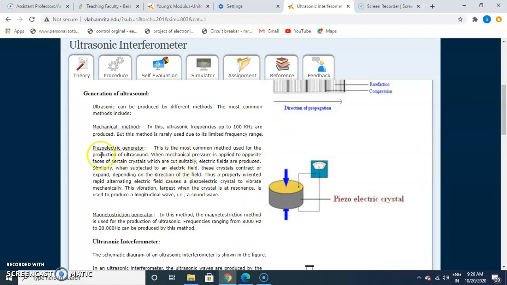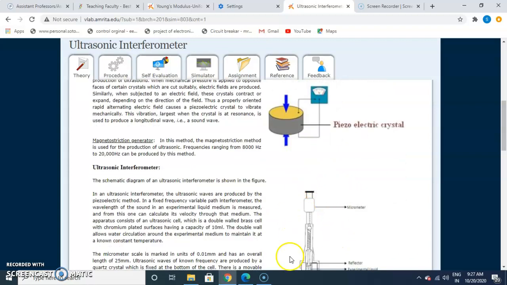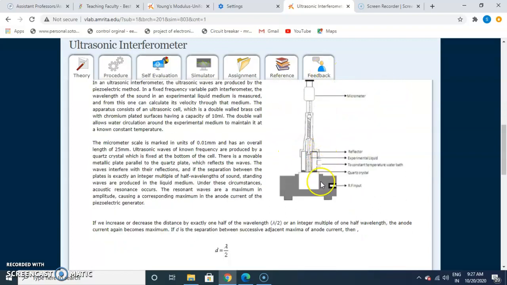This is the simple method we are going to employ in this ultrasonic interferometer to produce the ultrasonic sound. After producing the sound, we are going to measure the velocity of ultrasonic waves and the compressibility of the medium, which will be either a liquid like water or acetone.